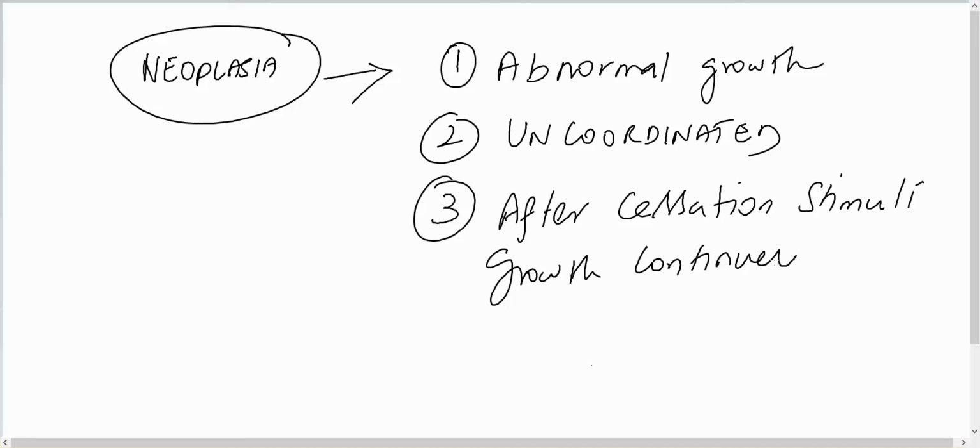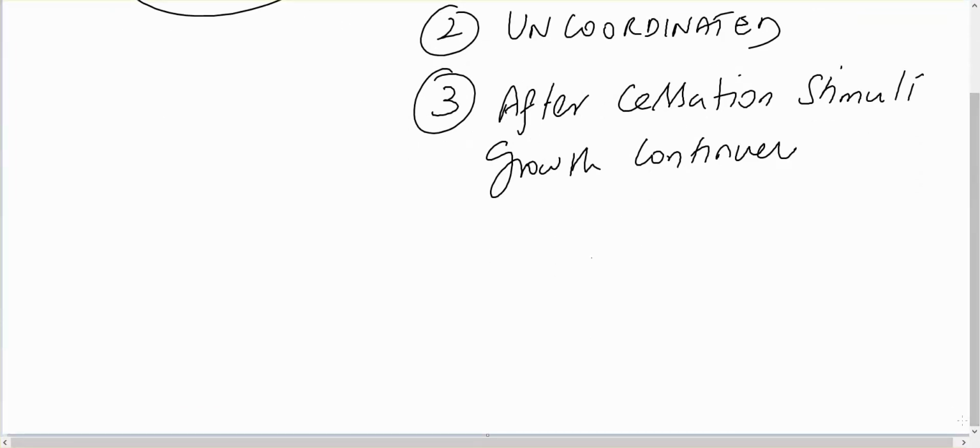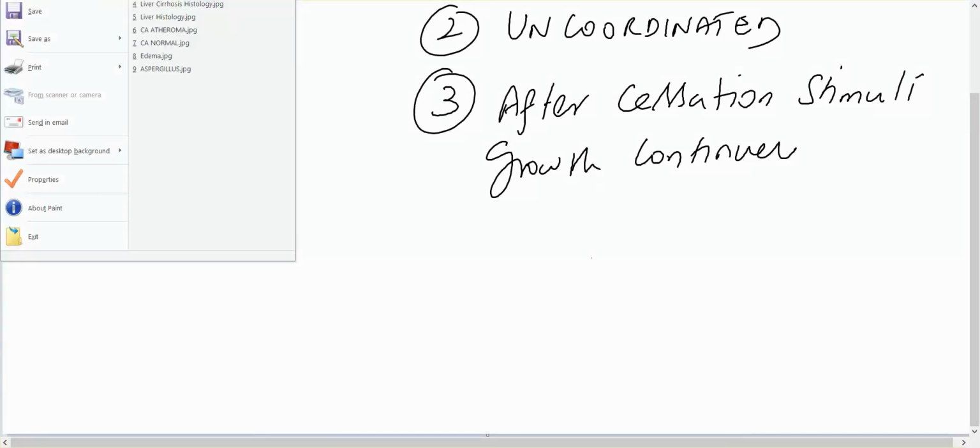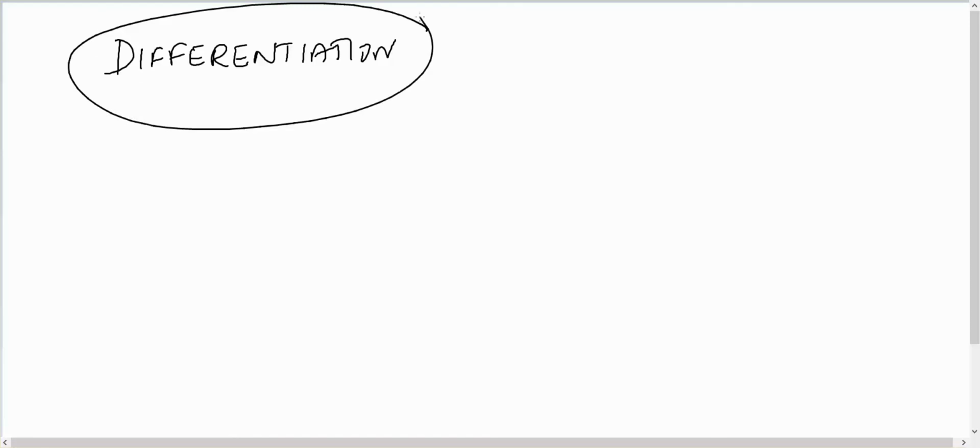So now let us see what are the characteristic features of benign and malignant tumor. So I am going to discuss a terminology called differentiation. Differentiation means how much the tumor cell resembles the normal parenchymal cells of any tissue, morphologically and functionally.